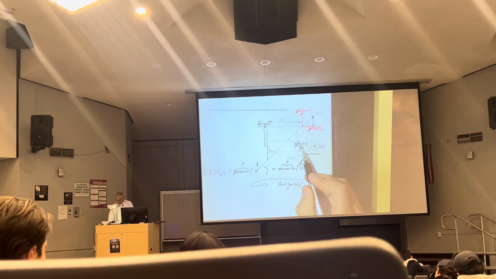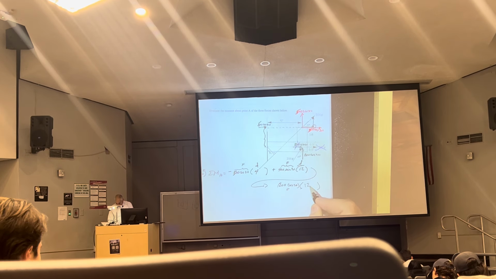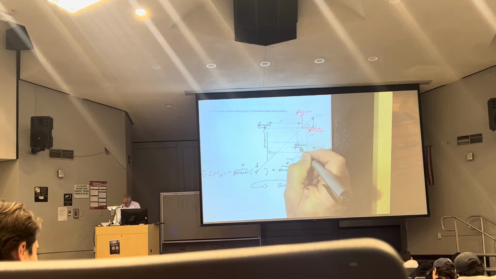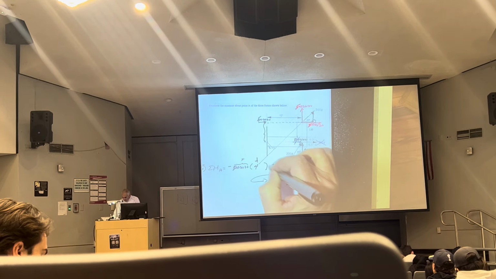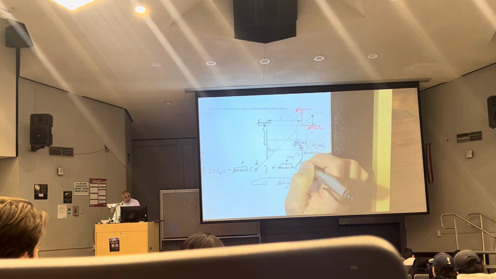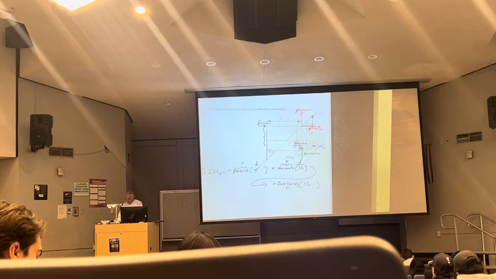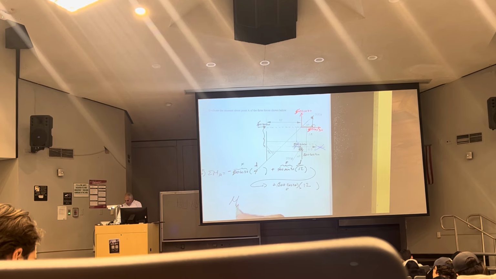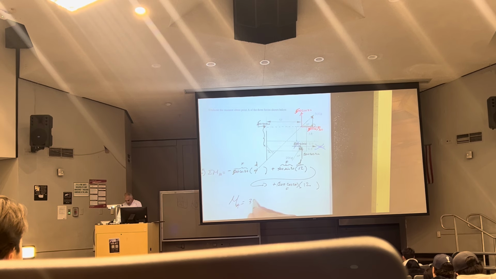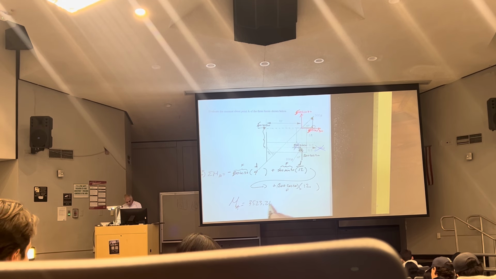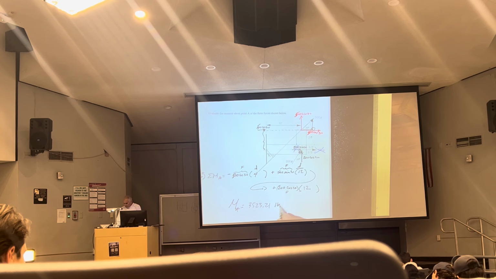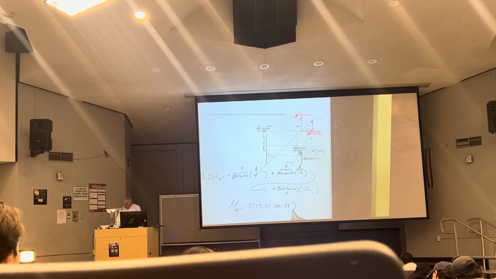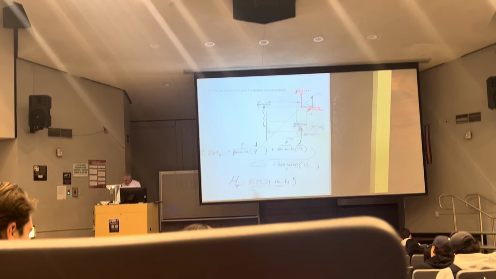I need a distance from here to here. That's also 12. Now that going around A is counterclockwise, positive. If I sum all this, moment about A is 3523.21 pounds-feet, counterclockwise. Done.